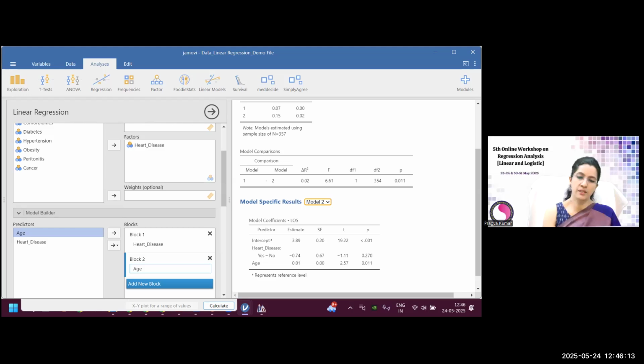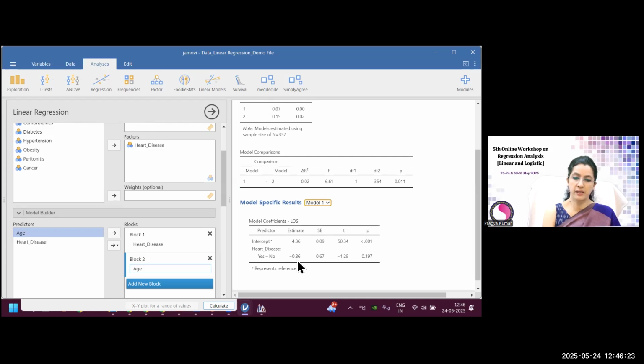So you can say that it is a confounder, because the coefficient is changing. So age is a confounder. Initially it is 0.86, but after this, it decreased by 12.